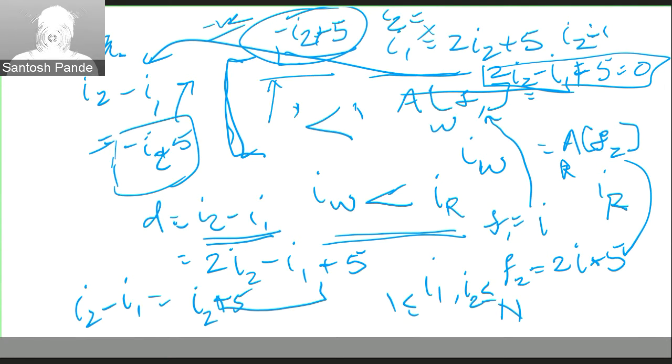So we do that calculation based on this dependence equation. And we find out the dependence distance, which is I2 minus I1, which will be in this case minus I2 plus 5.